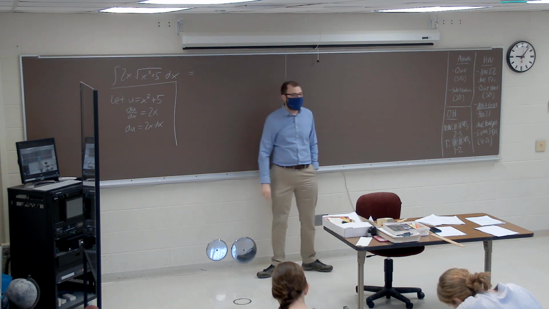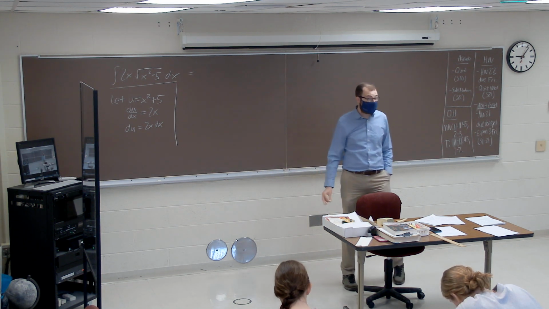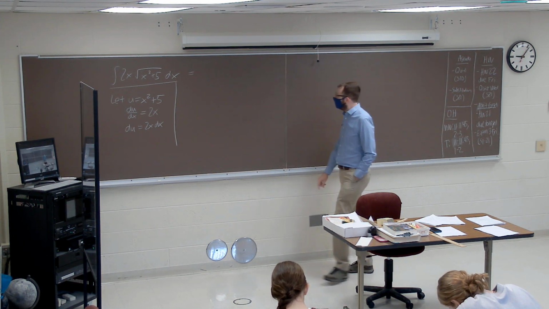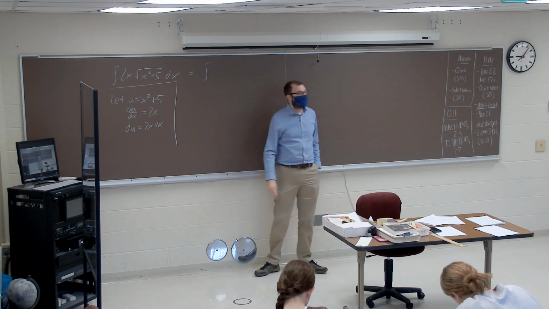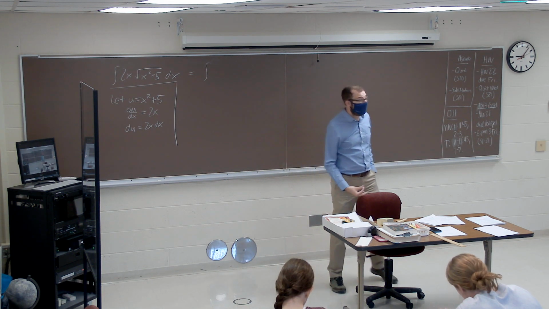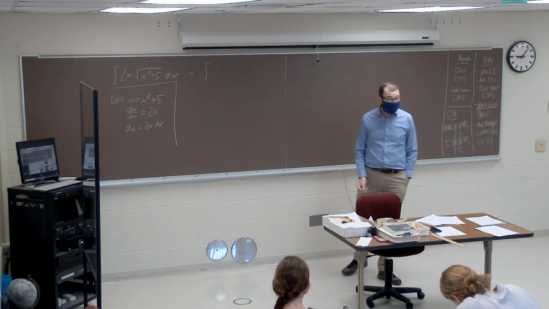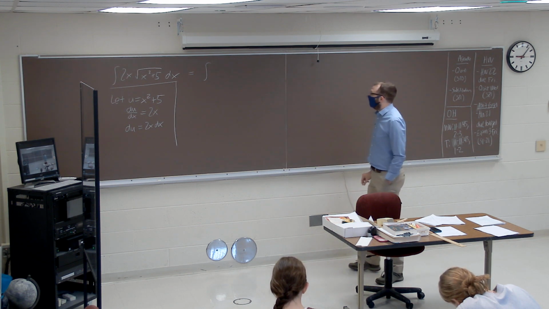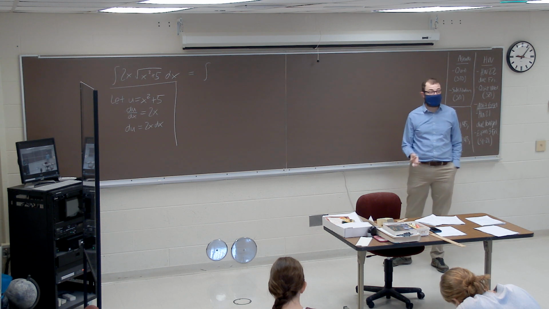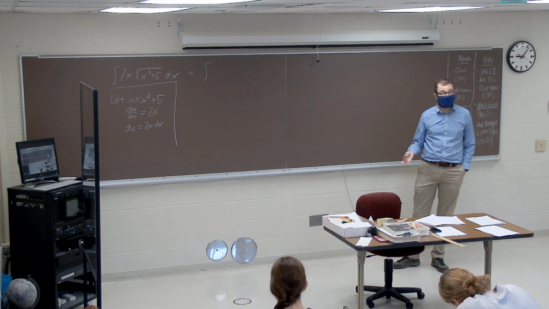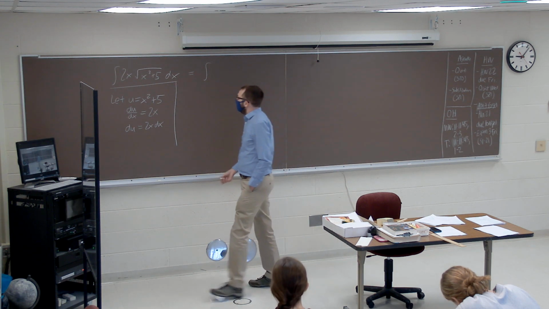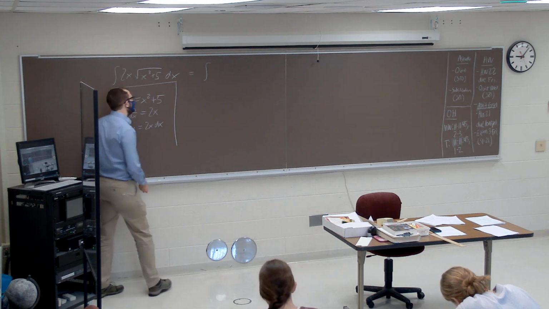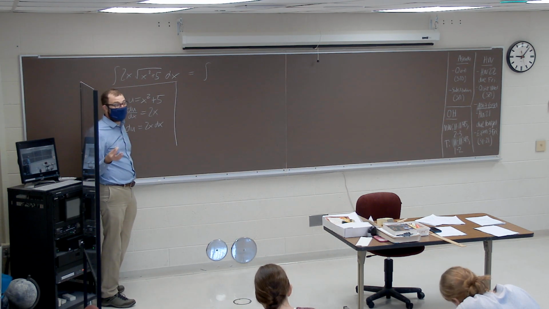I want to go up here now and rewrite our original integral. Except this time, instead of having x's in our integral, I'd like to take everything inside our integral and replace it with this new variable u. So we want to replace everything that has x's in it with u's.